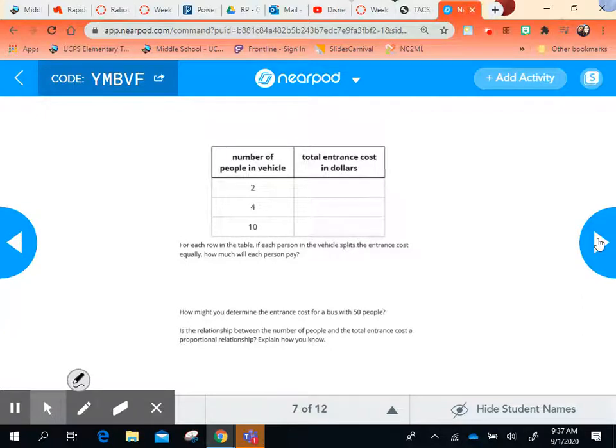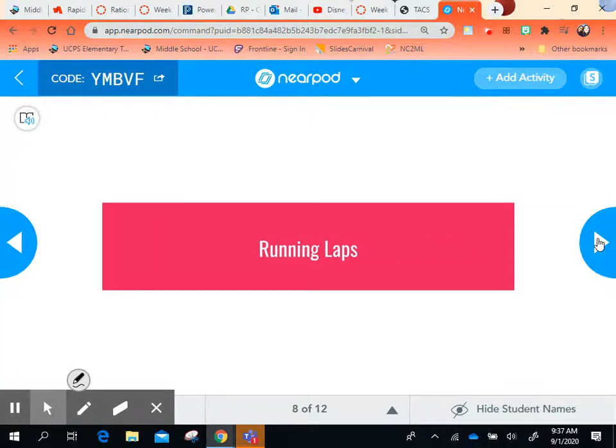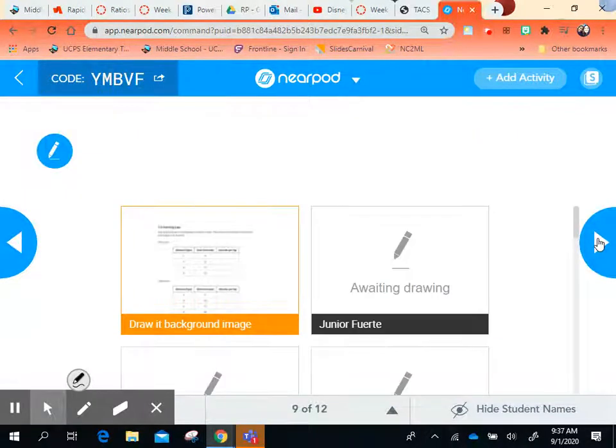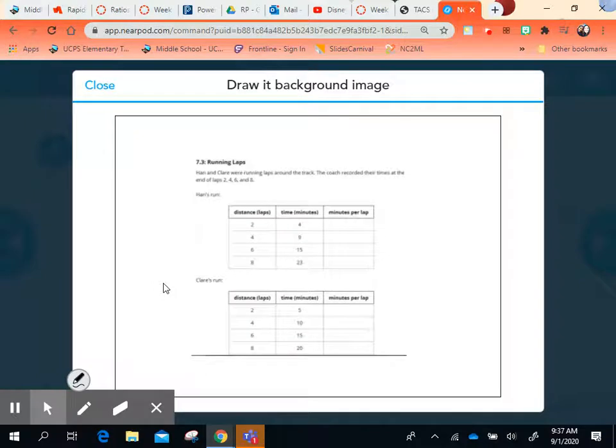It says, for each row in the table, if each person in the vehicle split the entrance cost equally, how much will each person pay? I feel like I forgot something here. Because I did. I forgot the cost. Of course I did. We're skipping that one because Ms. Pernis forgot to add information in there.